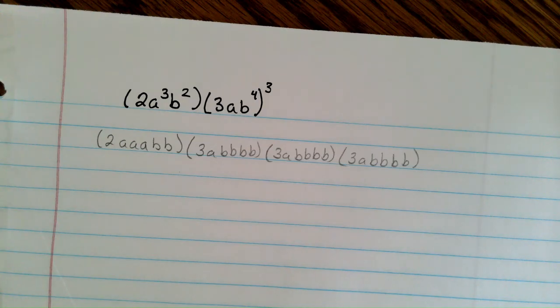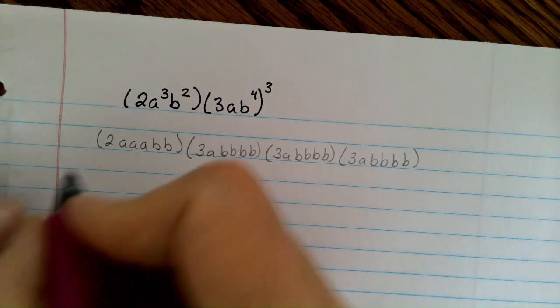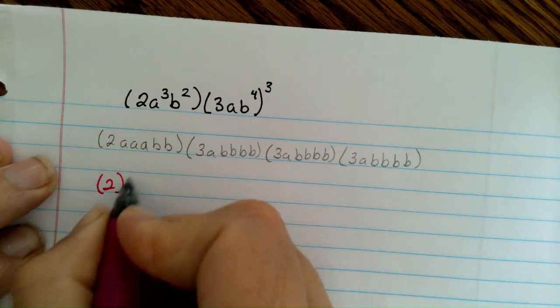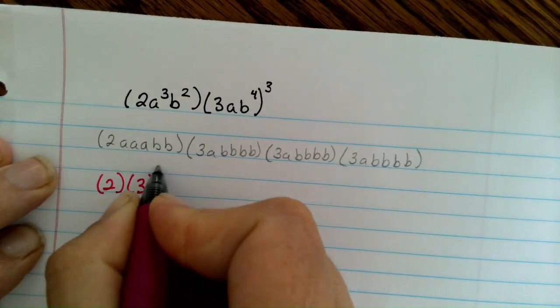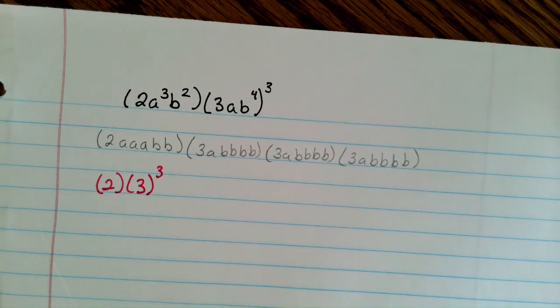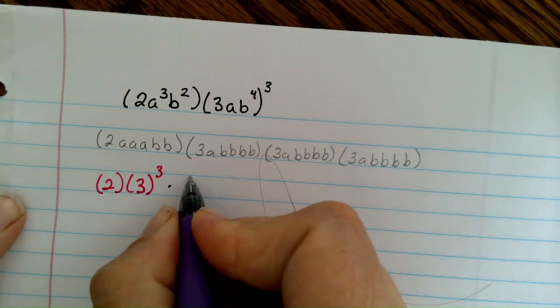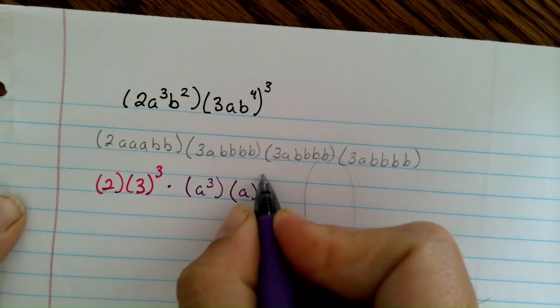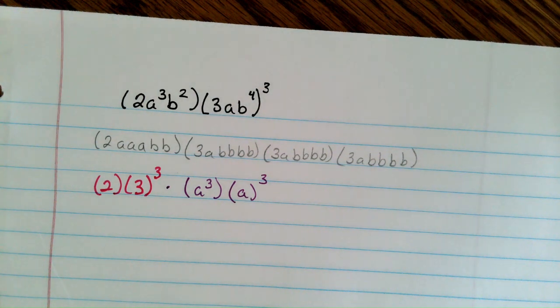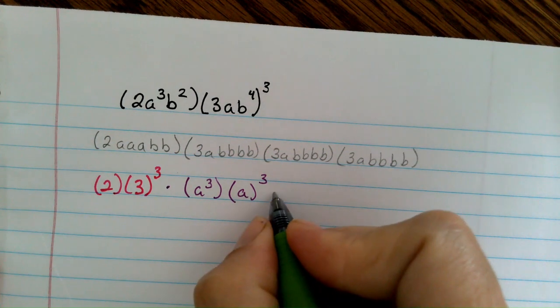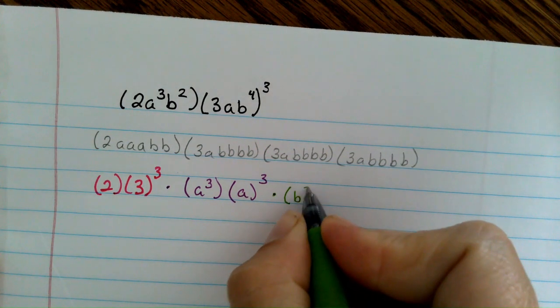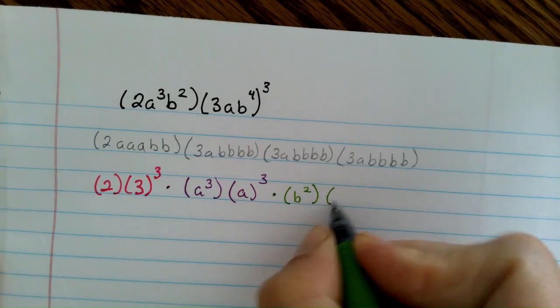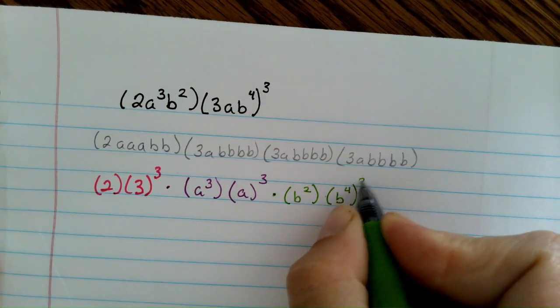So sometimes I think it helps students to focus on the number part. We have a 2, we have a 3 cubed. And then we have the a part, where we have a cubed and a cubed. And then we have the b part, where we have the b squared and the b to the 4th, cubed.